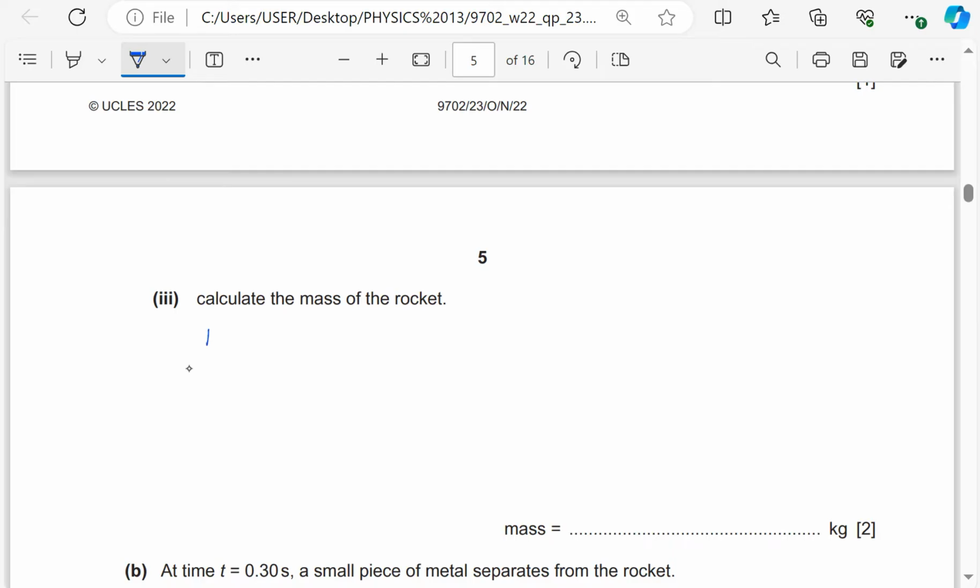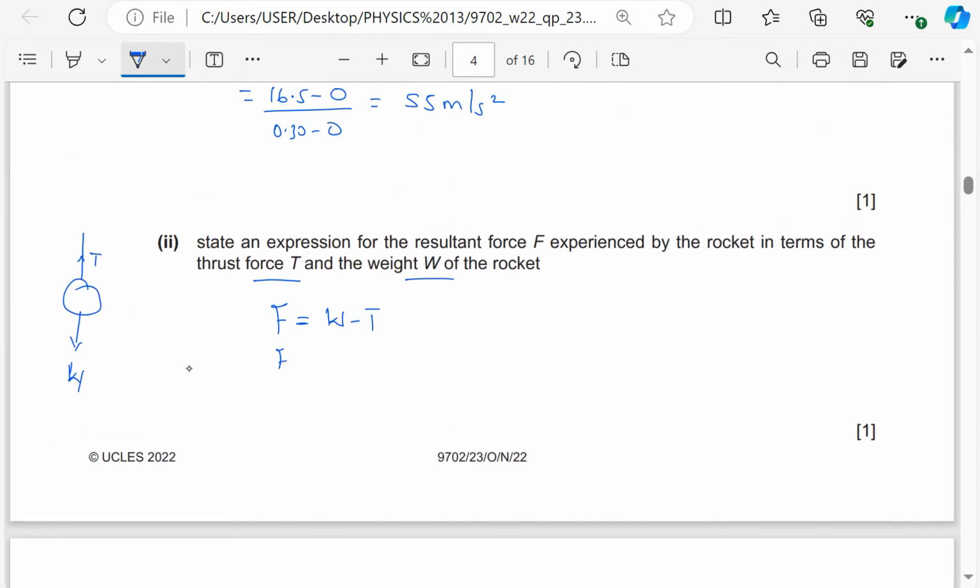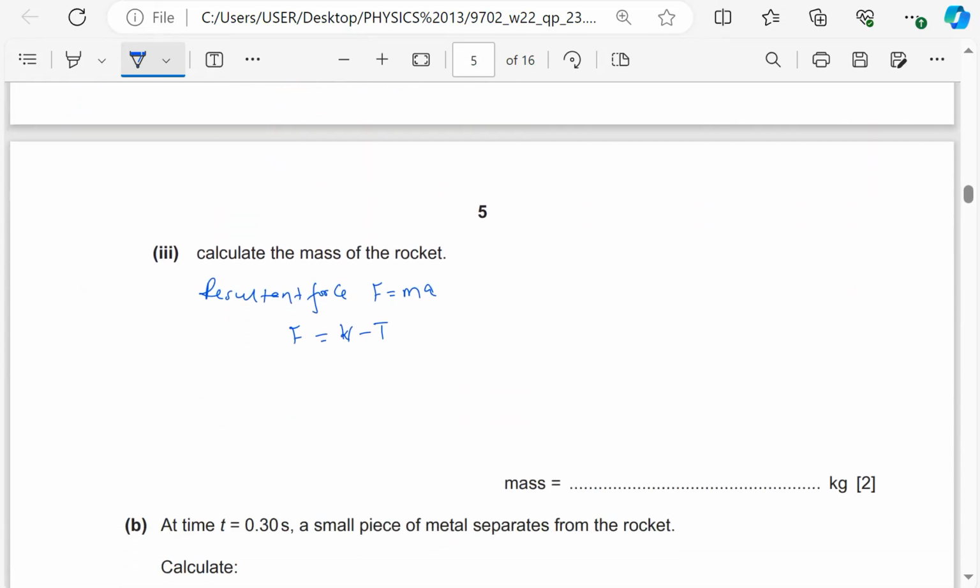The resultant force F is equal to M times A. Since motion is upwards, I will do it the other way around: resultant force F is the thrust minus the weight, but any of these would be correct. I will take this one because motion is upwards.